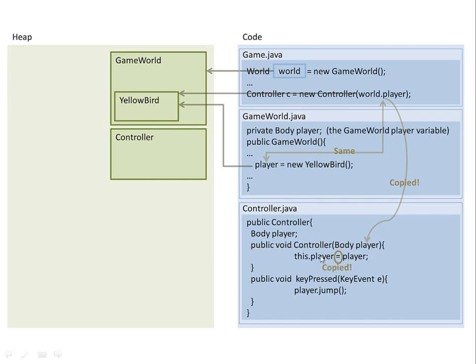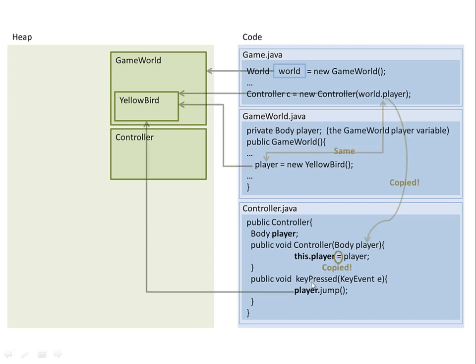Then that value, the reference to the yellow bird, gets copied further to this player, which is the field of the controller. And now this field also references the correct bird. And since this field is the same throughout the class, this now points to the right place in memory.